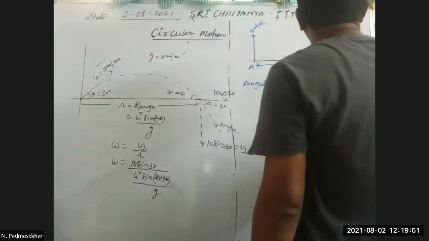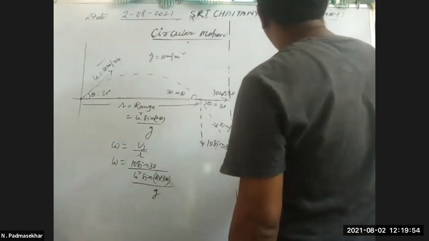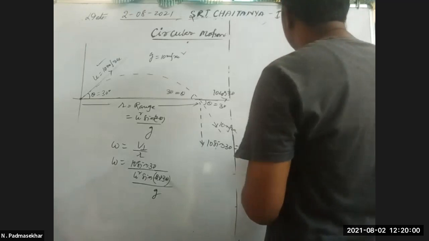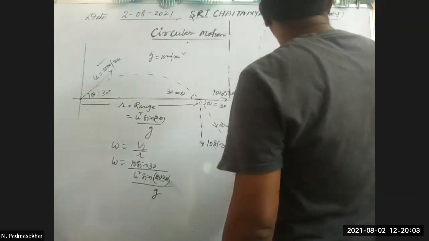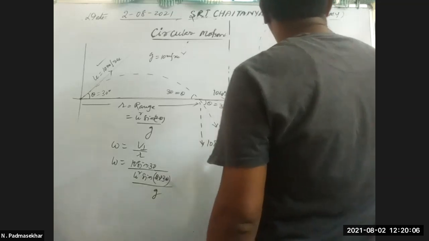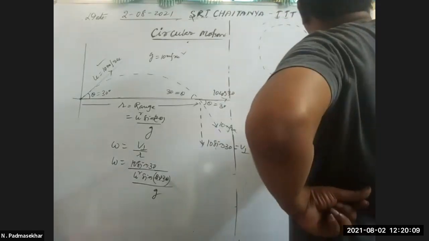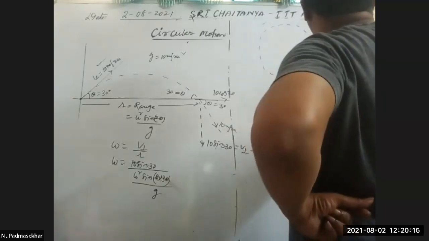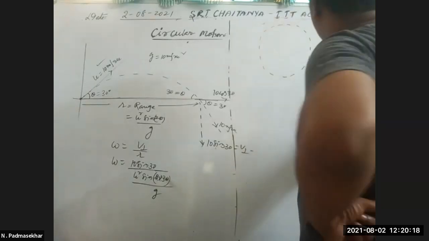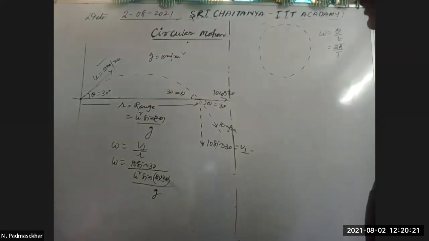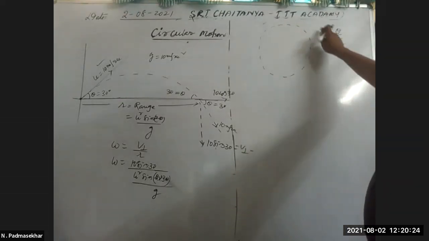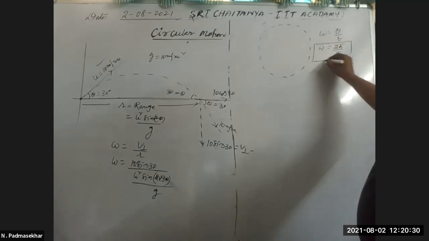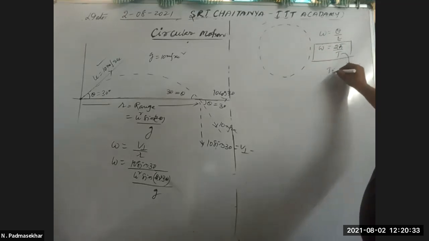Now the angular velocity in terms of time period and in terms of frequency. When a body revolves like this, the angular velocity for a complete rotation is 2 pi. And for a complete rotation, the time taken is T, the time period, and omega is equal to 2 pi by capital T, where T is the time period.